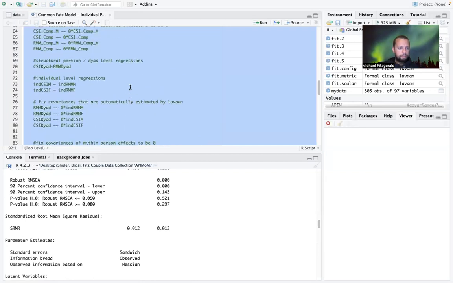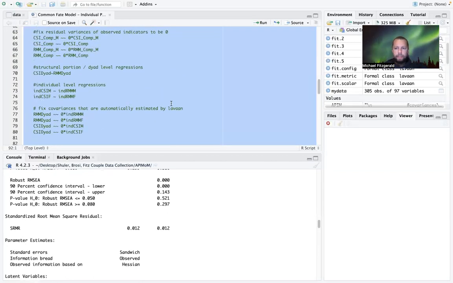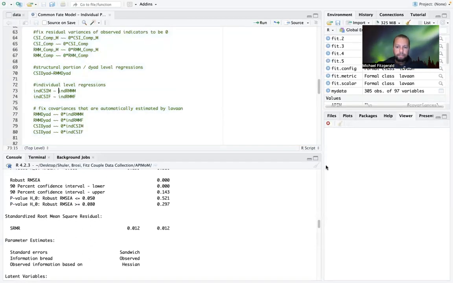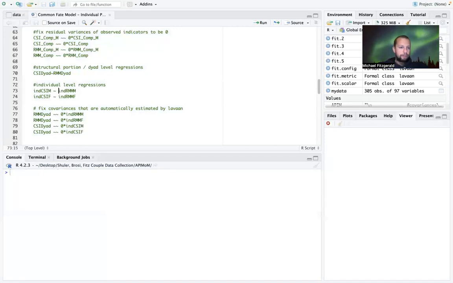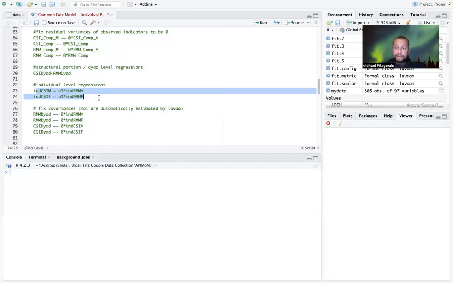I found one more syntax error. I forgot to include that parameter constraint, so we'll just call it E1, E1 star. We'll just add that in. And what this is doing is constraining these within person effects to be equal.